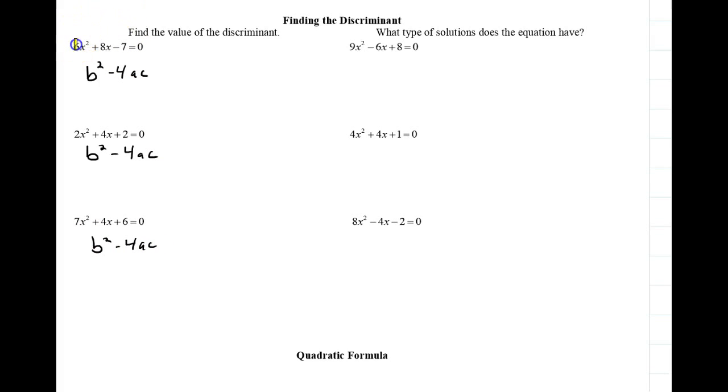And so that a value is the one in front. So I'm just going to take the a value and substitute it in. The b value is the one in the middle. And the c value is the last one.